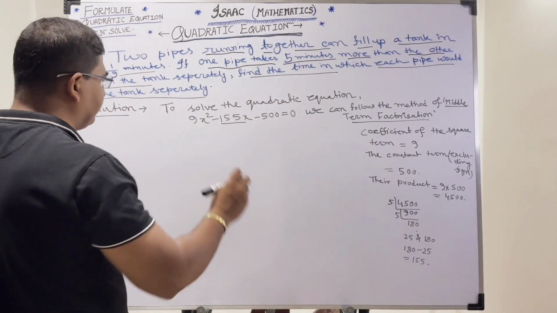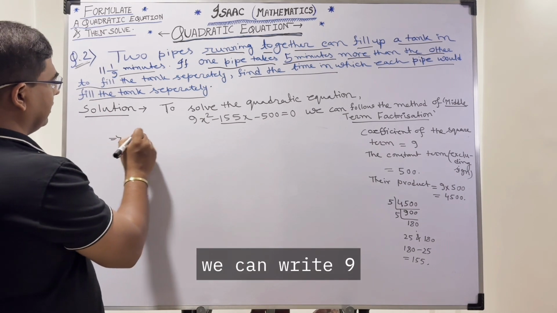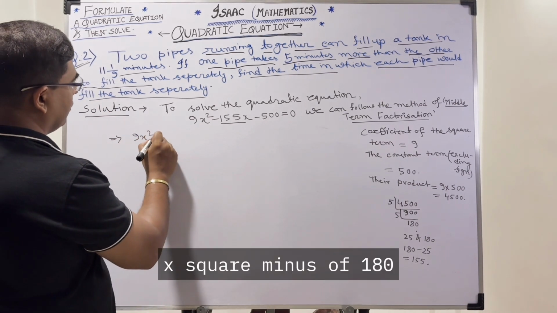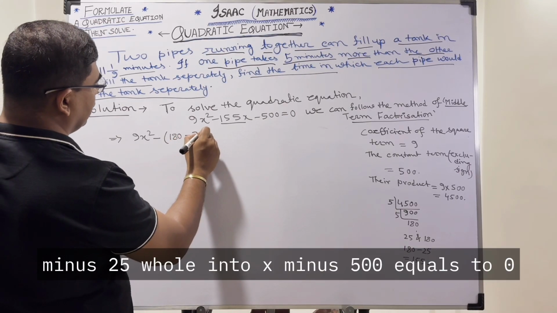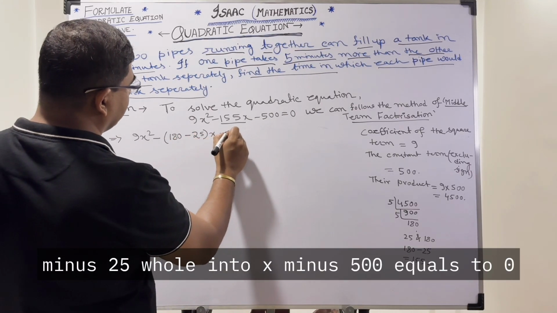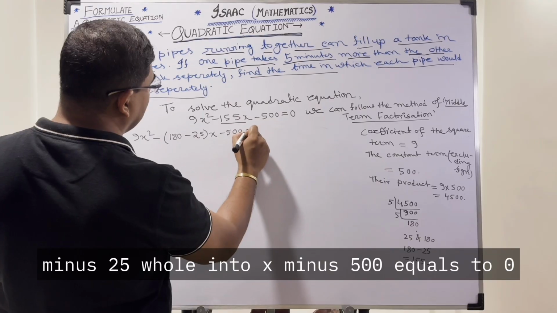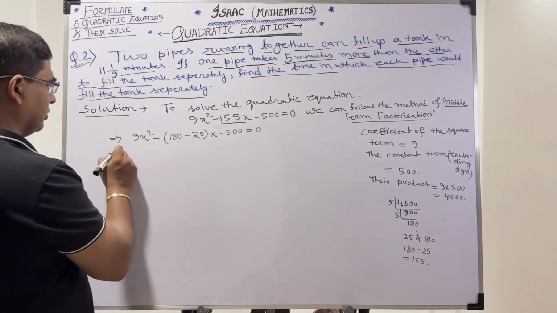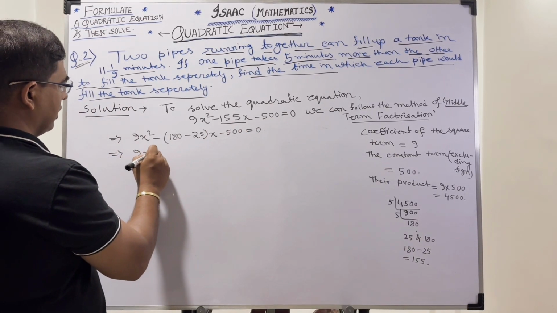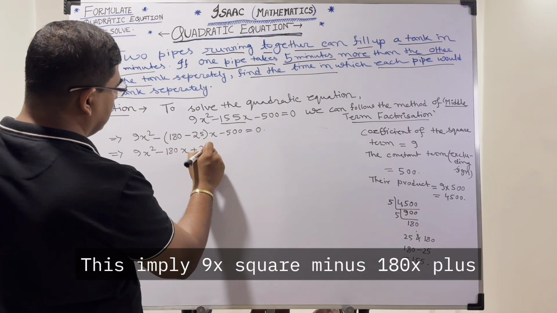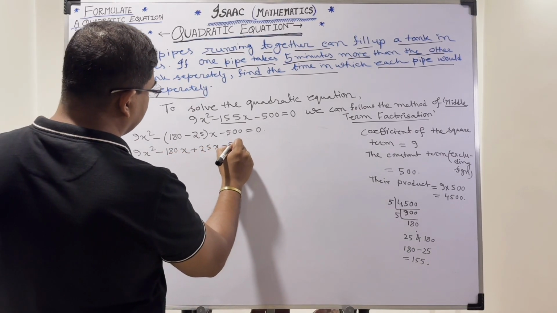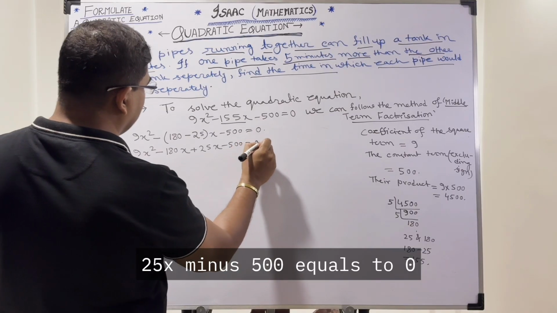That is why we can write 9x square minus of 180 minus 25 whole into x minus 500 equals to 0. This implies 9x square minus 180x plus 25x minus 500 equals to 0.